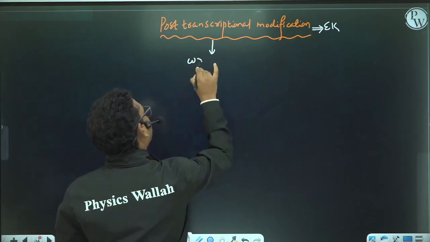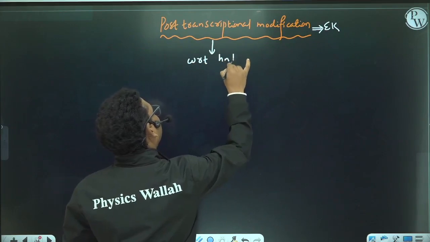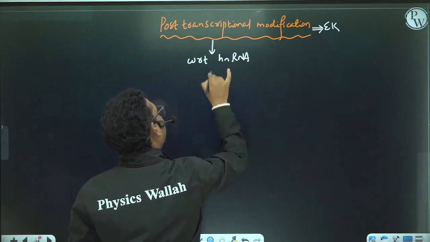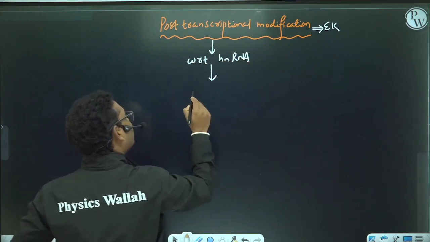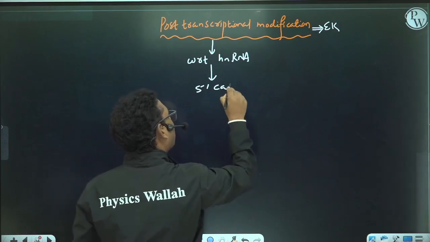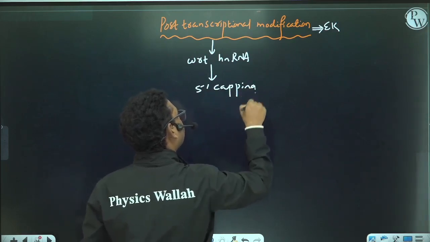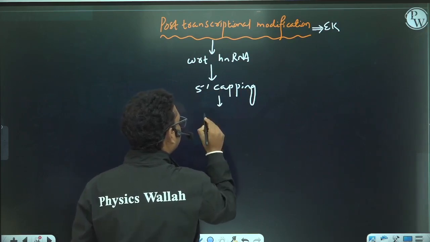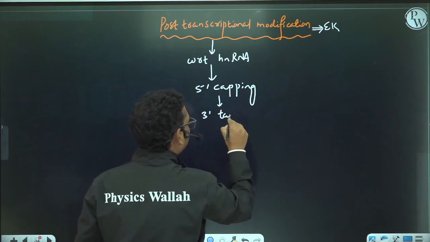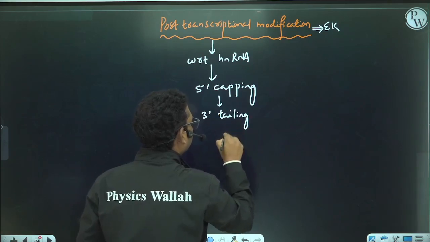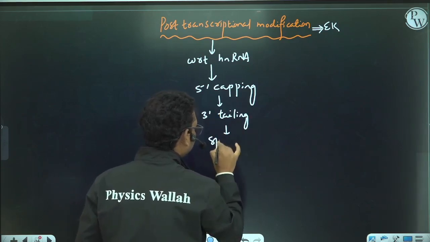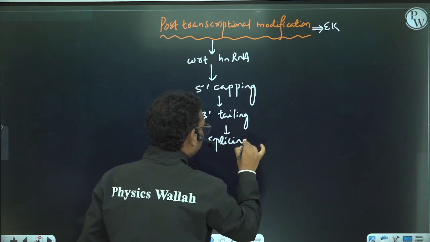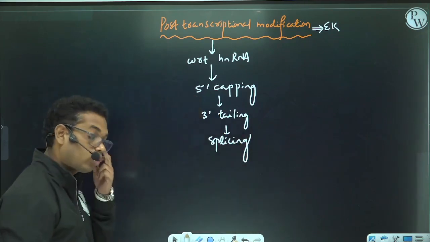The sequence of events is first 5' capping, then 3' tailing, then splicing.